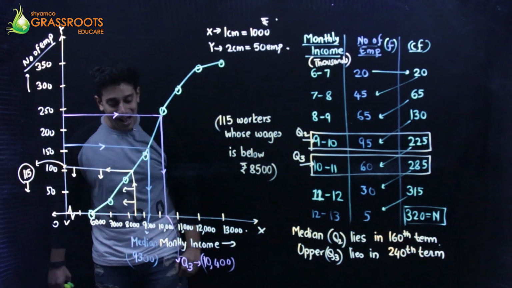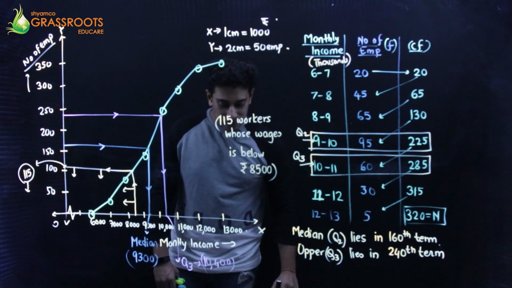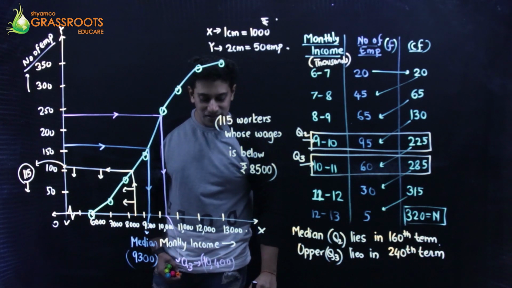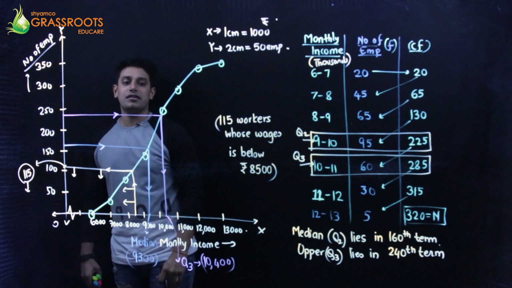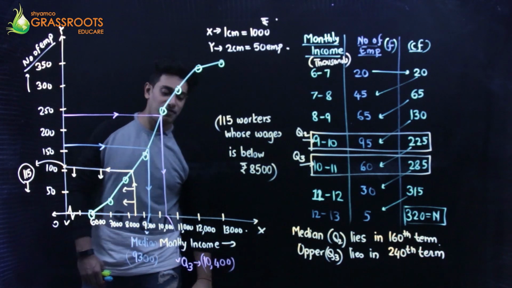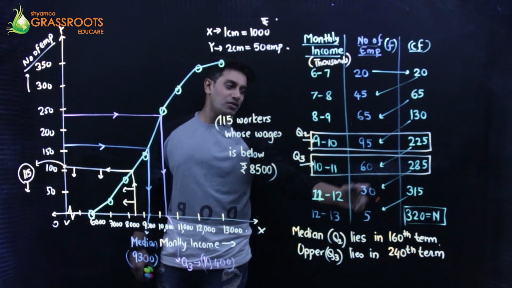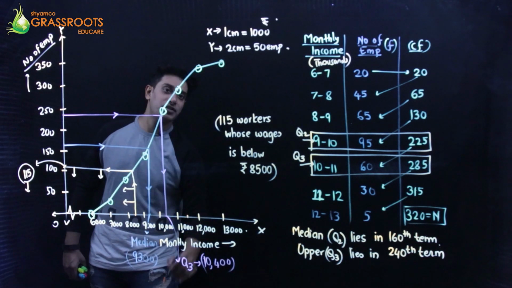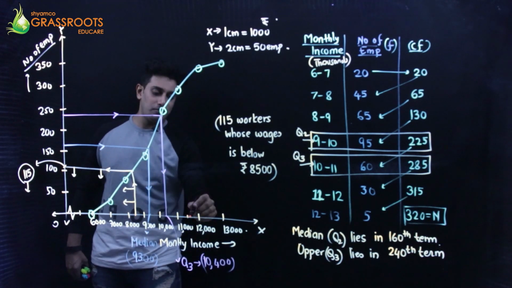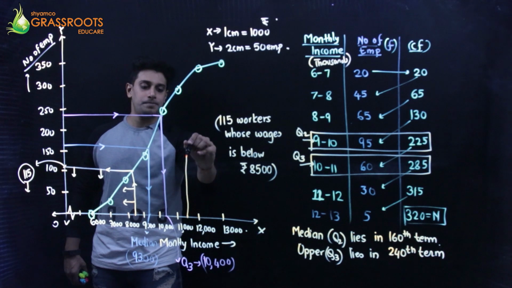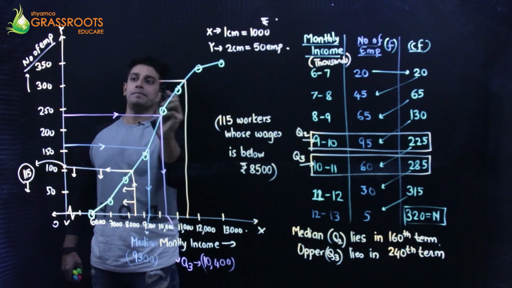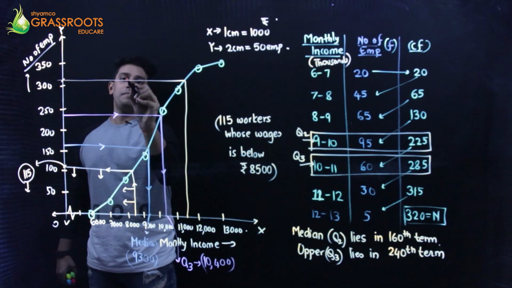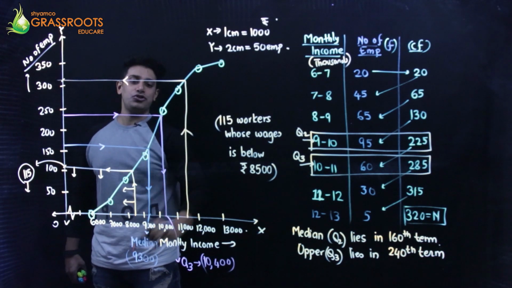And the last question asked is the salary of senior employees above 11,500. How many employees are there in the company above 11,500? So above 11,500, which is this point, trace it up. Trace it this way. The arrows are very essential.